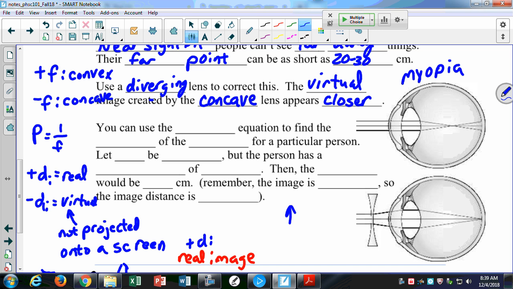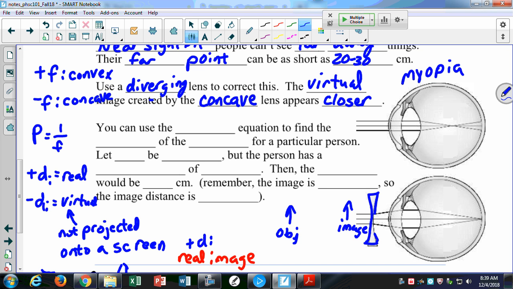This person is nearsighted, they can only see things that are close to them. This is my object. This diverging lens right here actually creates an image that's closer. And so the nearsighted person can see close-up things, so they can now see this image of the object that they couldn't see before.